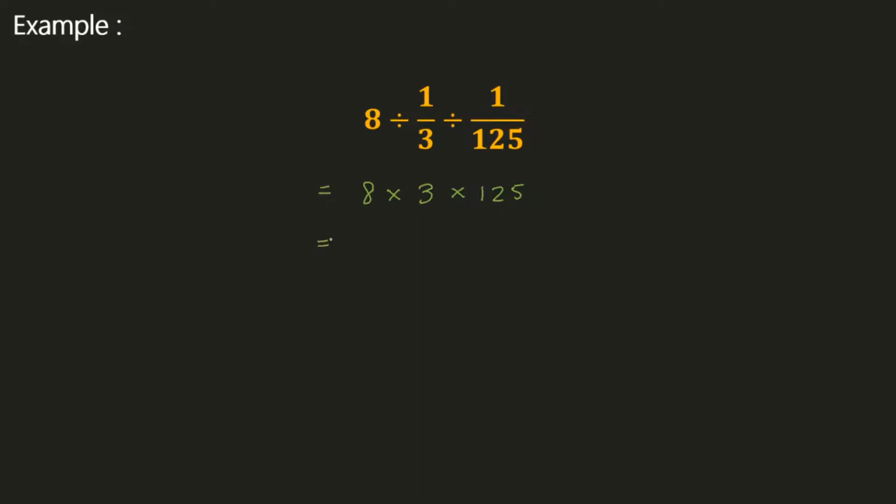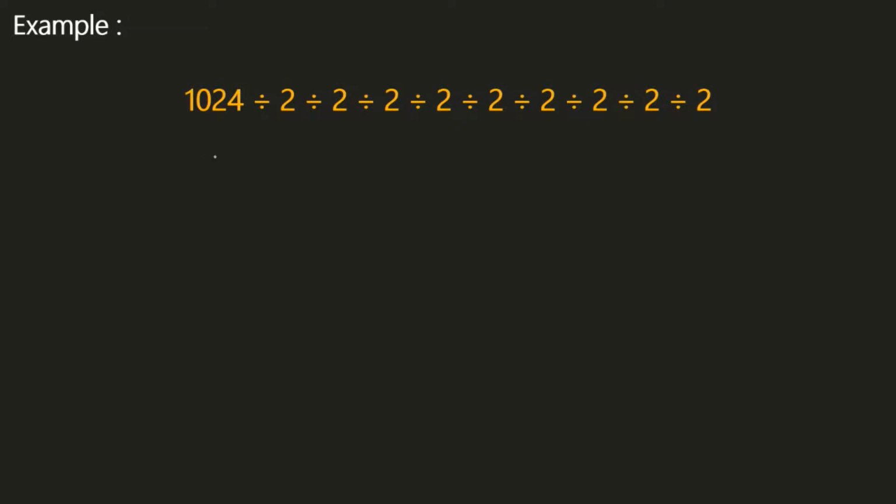Now next we use commutative properties to switch the order of 3 and 1/125. So this becomes 8 multiplied by 1/125 multiplied by 3. And we all know 8 times 125 is equal to 1000, multiplied by 3, and the final answer is 3000.